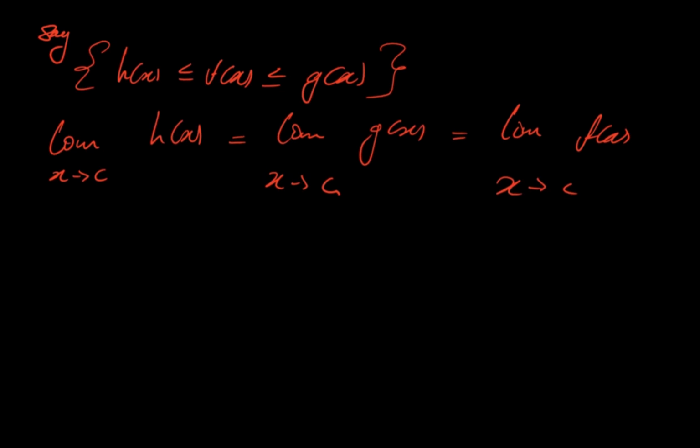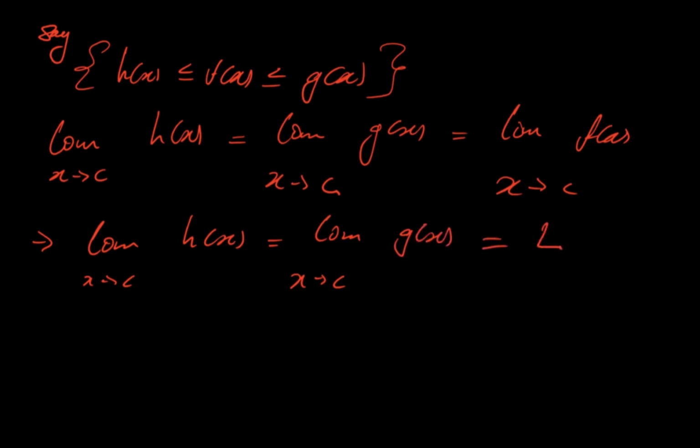So what we mean is that if the limit as x approaches c of h of x is equal to the limit as x approaches c of g of x, and let's say that limit is L, then it means that the limit as x approaches c of f of x will also be L. This is what the squeeze theorem states.